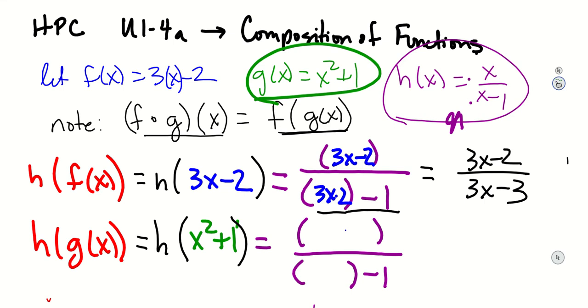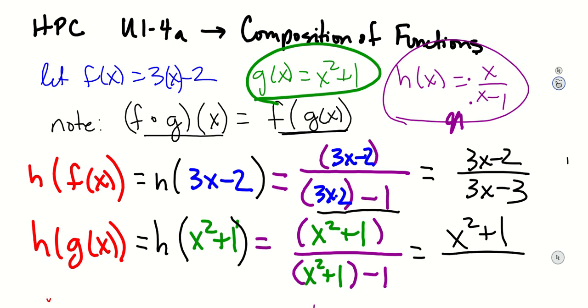And this time for x, we're putting in what g is, so x squared plus 1, both where the top x is and where the x is in the denominator. Simplifying that, we have x squared plus 1 on top over x squared plus 1 minus 1, which is just x squared.